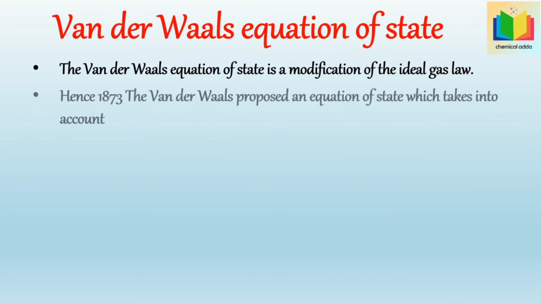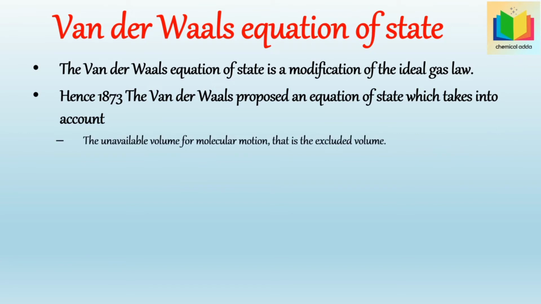Hence in 1873, van der Waals proposed an equation of state which takes into account the unavailable volume for molecular motion, that is the excluded volume.